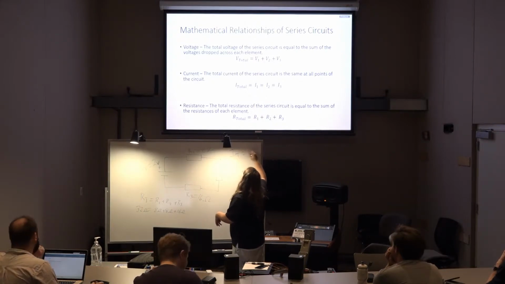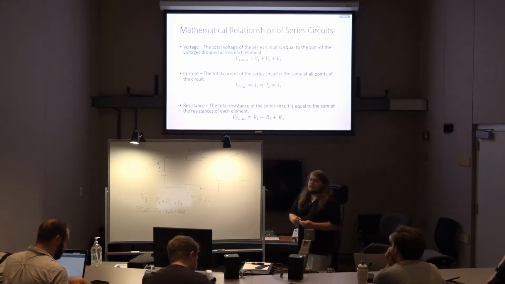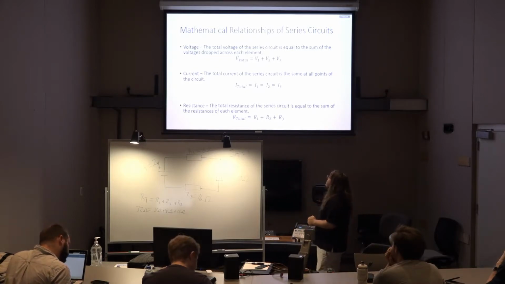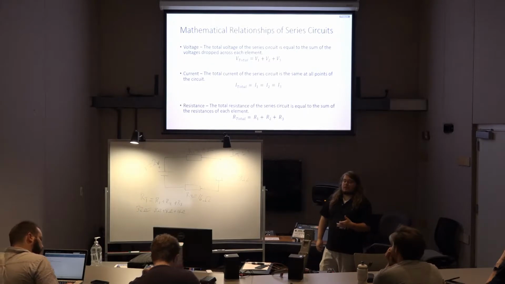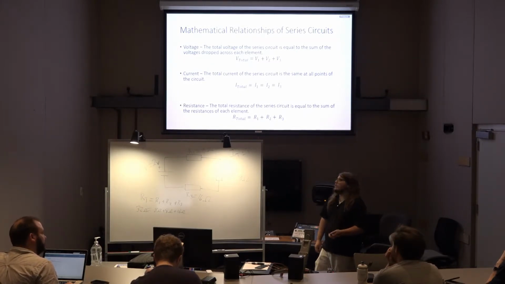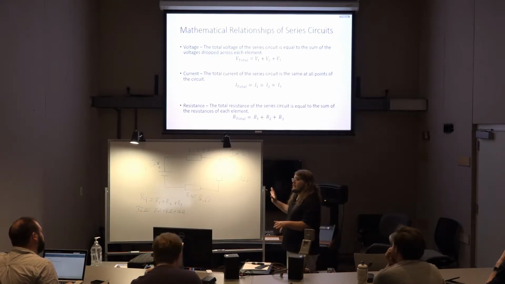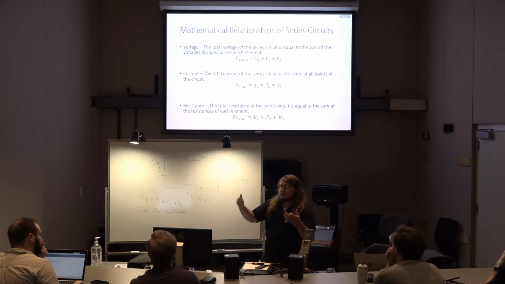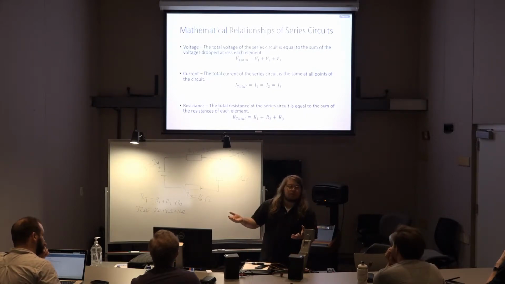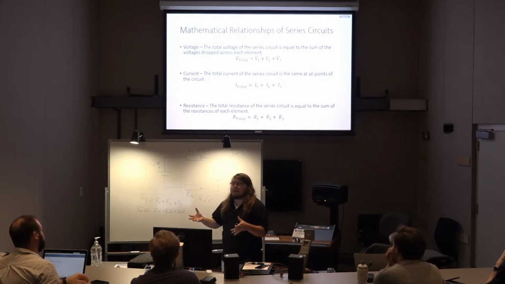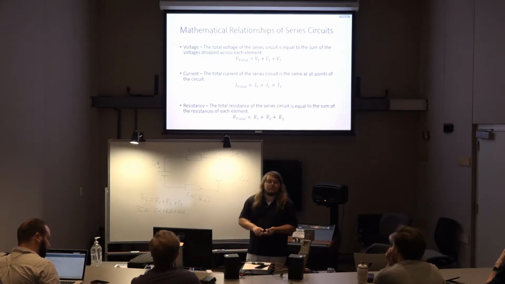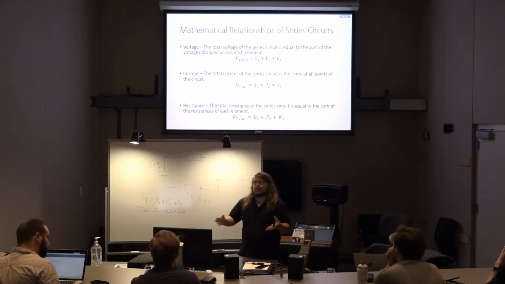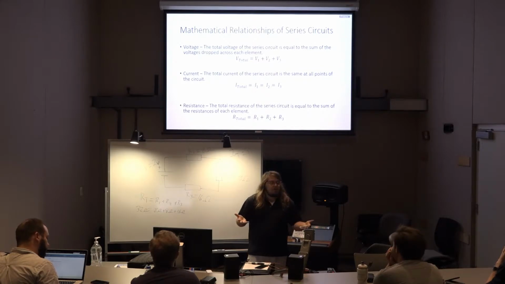Up there, we see that it says IT is equal to I1, I2, I3, so we need some other information to solve the problem. But hopefully you all remember from earlier on, we've got a handy formula or relationship between resistance and voltage to give us the current. So what would that be?